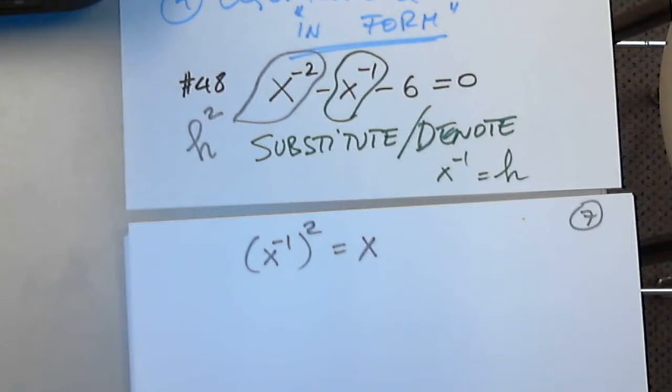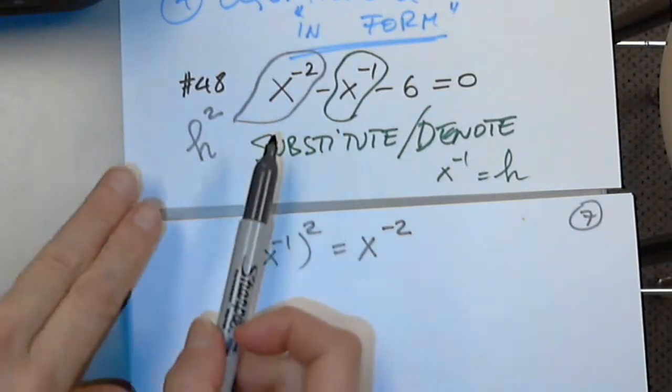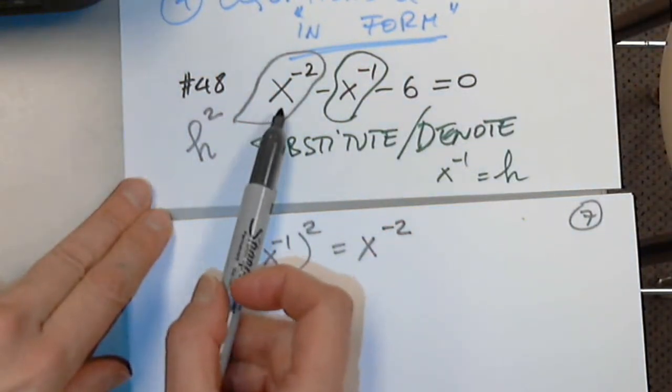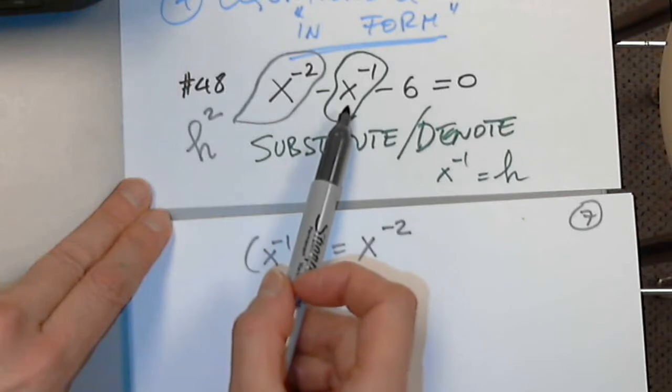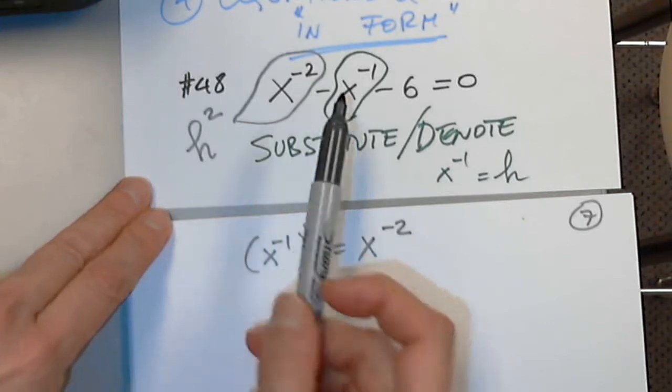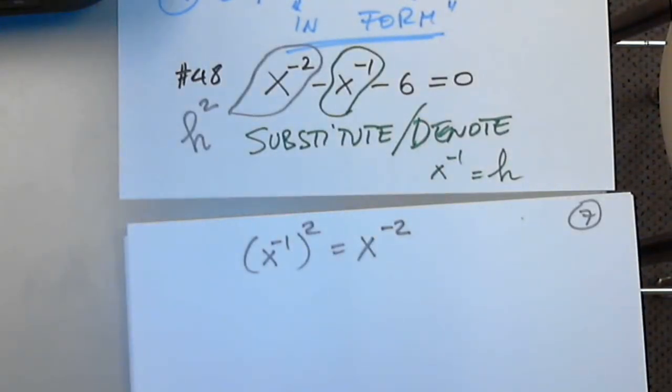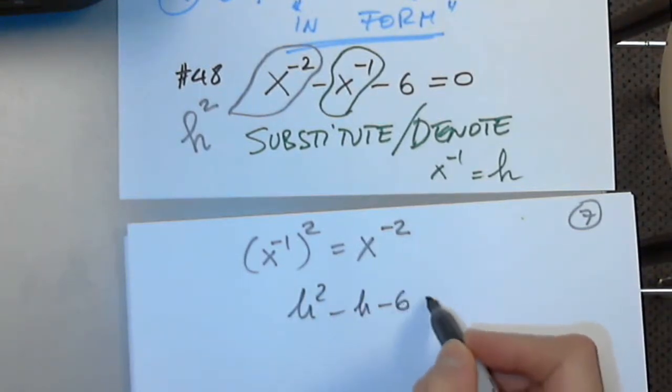Add. Negative 2. So can I denote this by h squared since I denoted this by h? Yeah. Can anyone dictate the new equation that we just came up with? We just made this up. h squared minus h minus 6 equals 0.